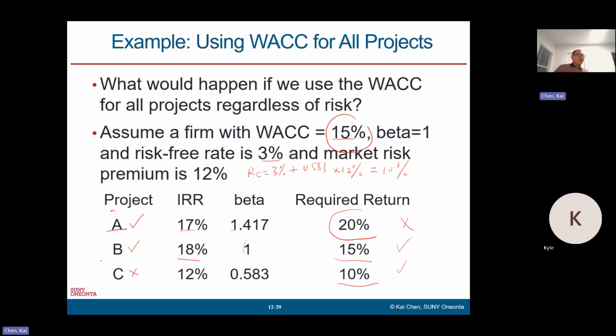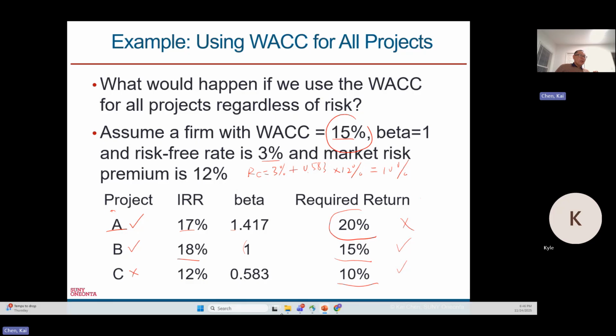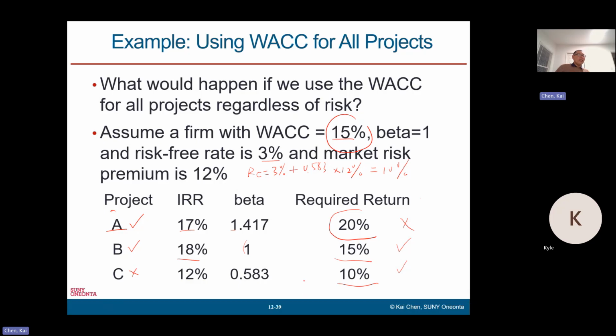Okay, and also, we may make a mistake for project C. If we use WACC, we're going to reject it. However, if we have a closer look at its risk, we can find this project has a very small risk. Then the required rate of return is only 10%.